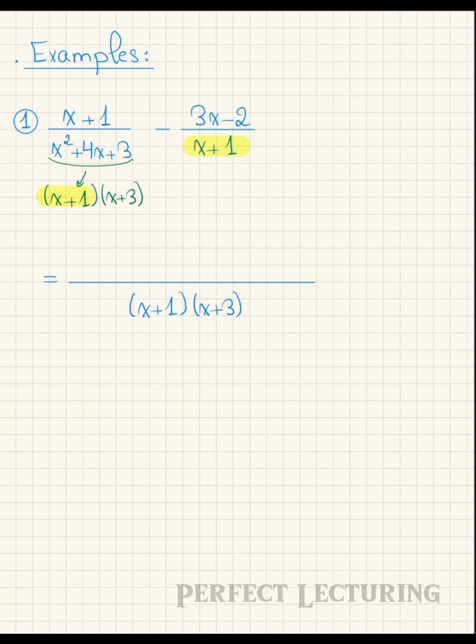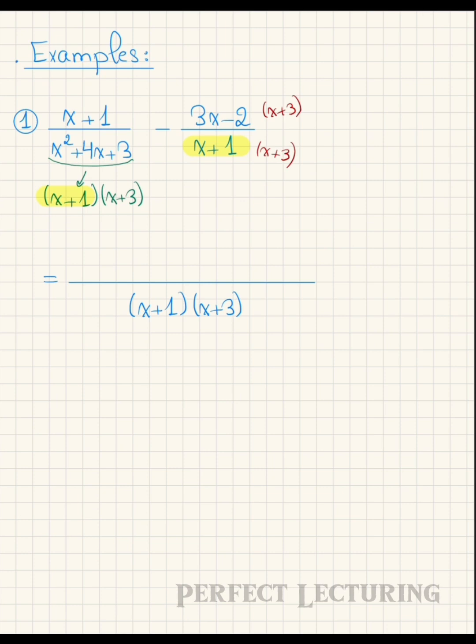Now, what is the next step? We multiply each fraction by the missing factor. In other words, the common denominator contains two factors, x plus 1 and x plus 3, and both of them are already in the first denominator, which means that the first denominator is not missing any factor, so we do not multiply it by anything. However, the second fraction only contains x plus 1, which means I have to multiply this fraction by x plus 3 up and down.